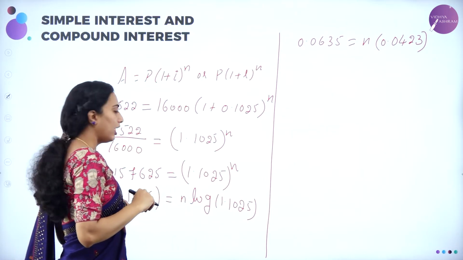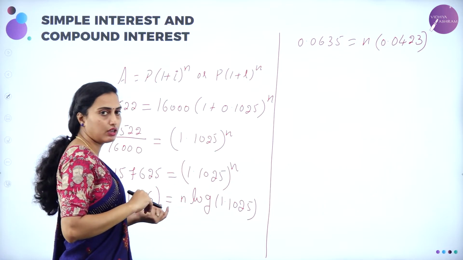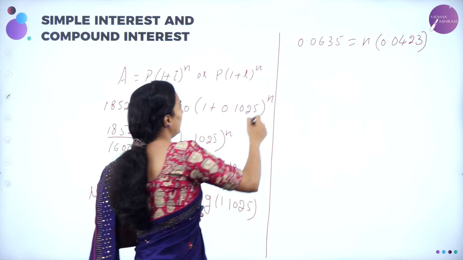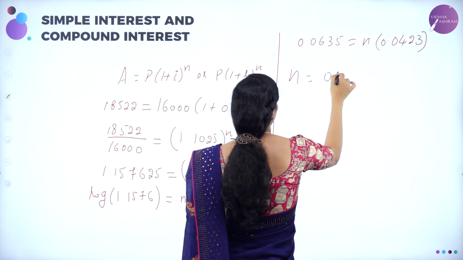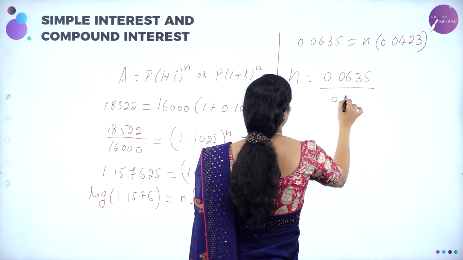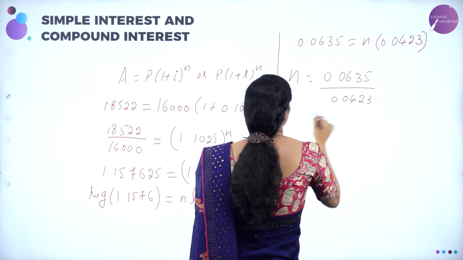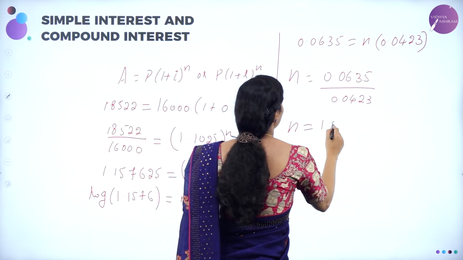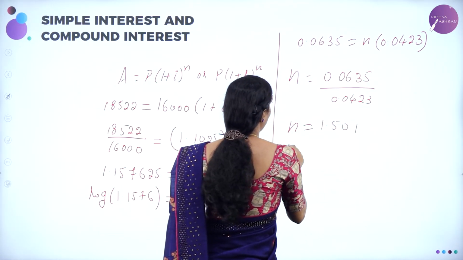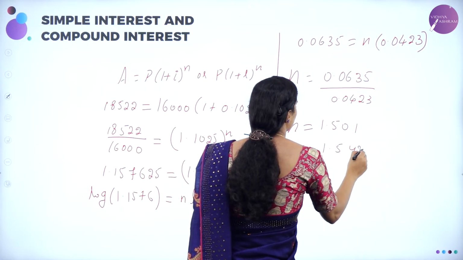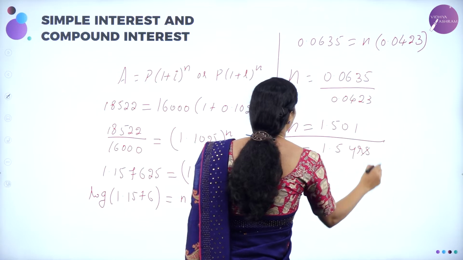Here also the same, 11th row, 5th column, 7th mean difference, you are going to check and add up. Okay, therefore N is equal to 0.0635 divided by 0.0423. The answer you are going to get for this one is 1.501. So approximately N is equal to 1.5 years. That means 1.5 years.